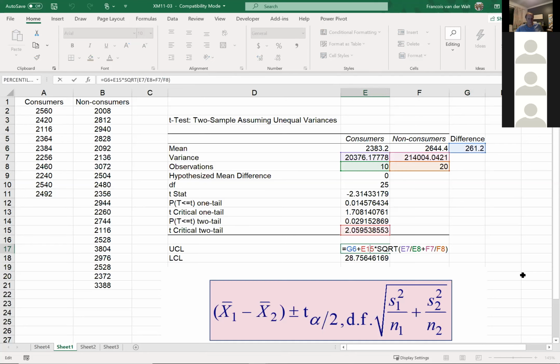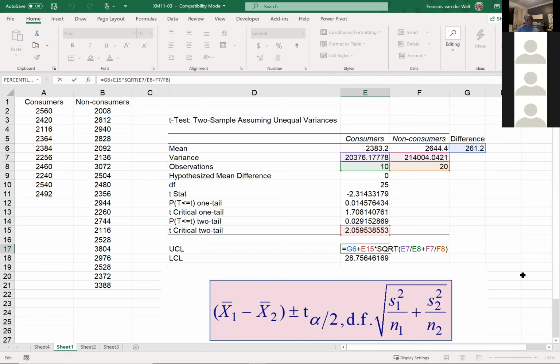Is that the formula you've got? Square root. Yep. I don't know how you.